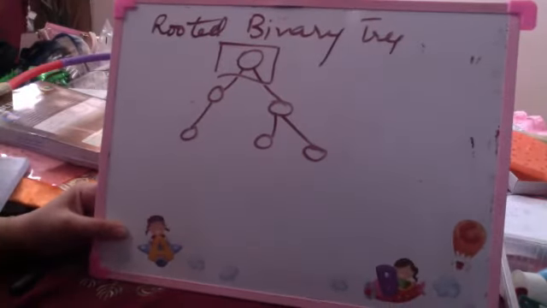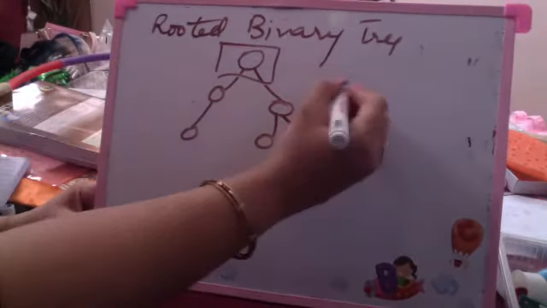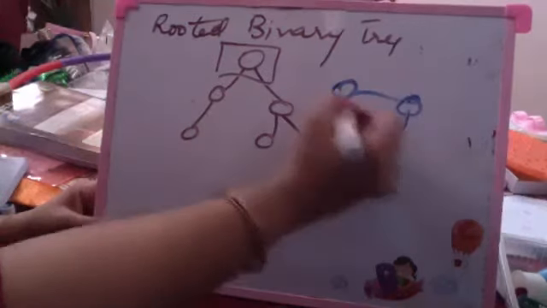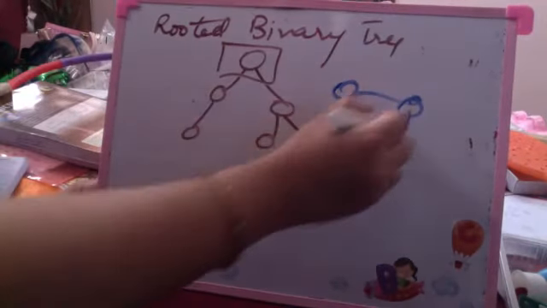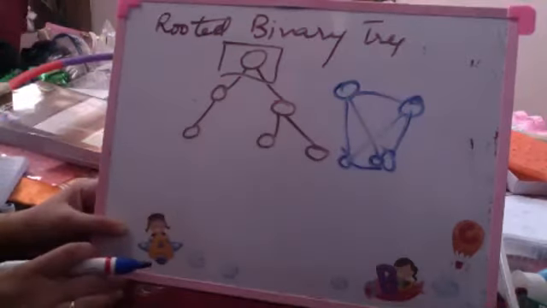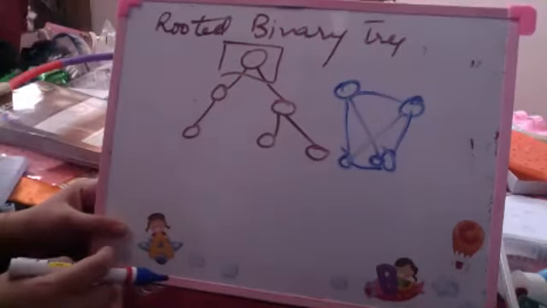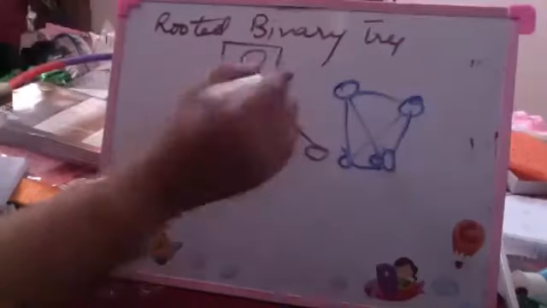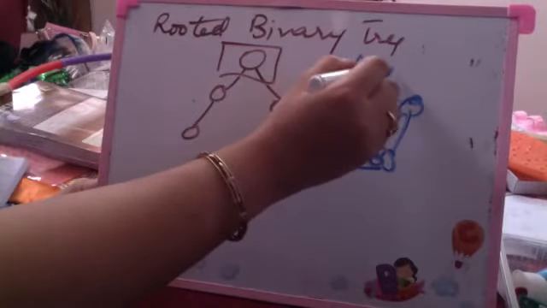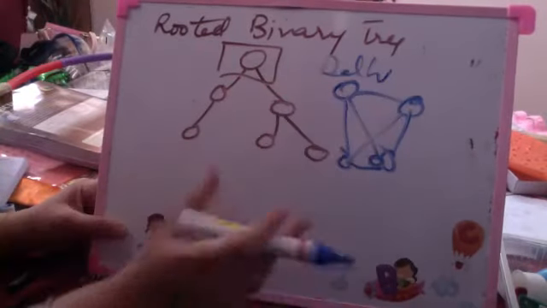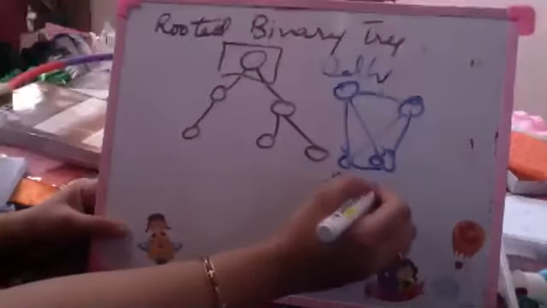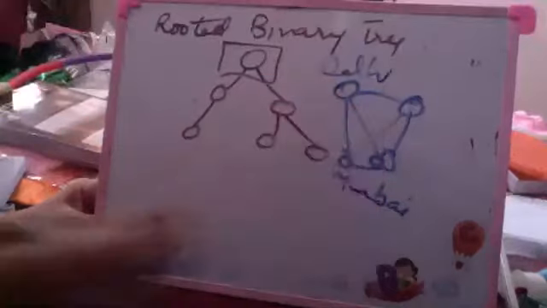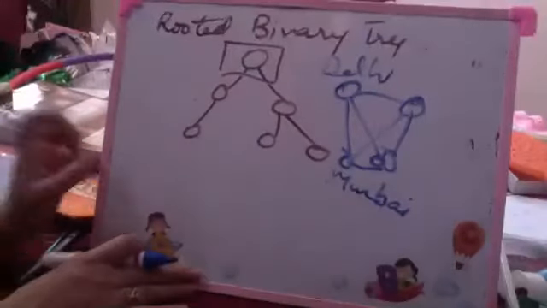I want to calculate the distance between various cities in India. So I have Delhi, Bombay, Bangalore, Calcutta. There are ways which are connecting every city to one another, right? But there is no root. At some point Delhi becomes the root and you are checking all flights from Delhi since you are in Delhi. At some point Mumbai becomes the root because you are in Mumbai and you are checking from there. So in a graph there is no root.